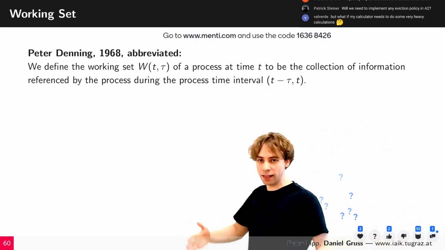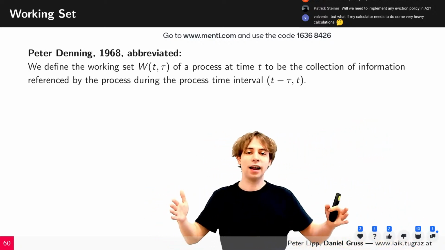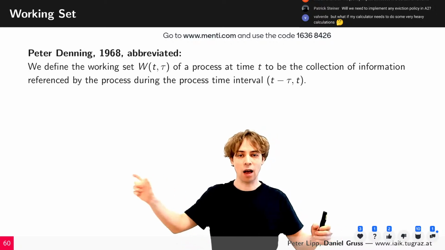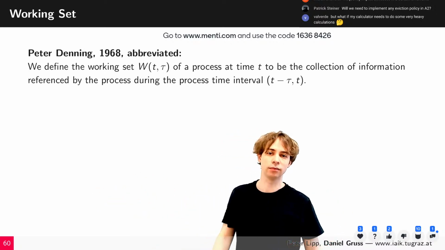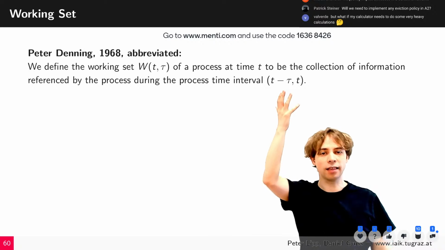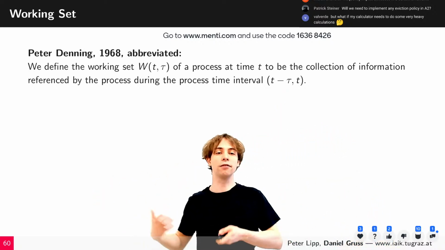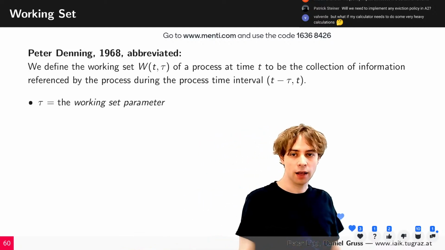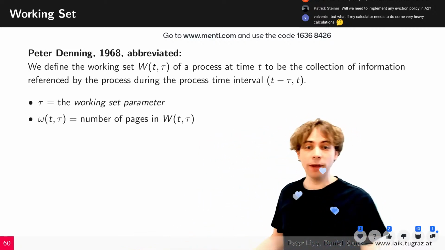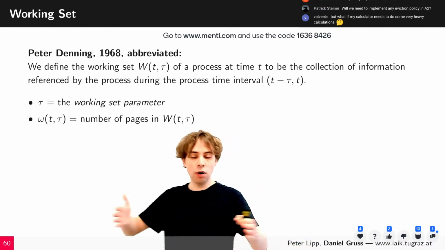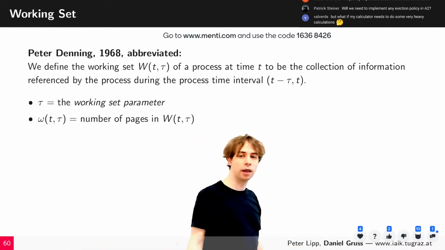So basically it says the amount of memory that I accessed in the last tau interval. And tau might be something like, let's say, 5 seconds. So any page that was accessed in the last 5 seconds. Tau is the working set parameter here, where you can tune how large the working set is.